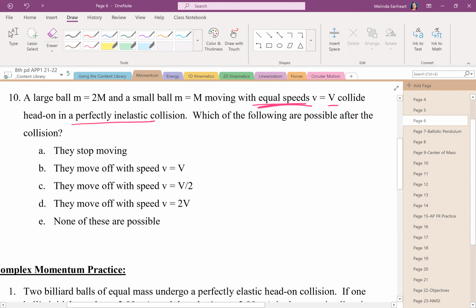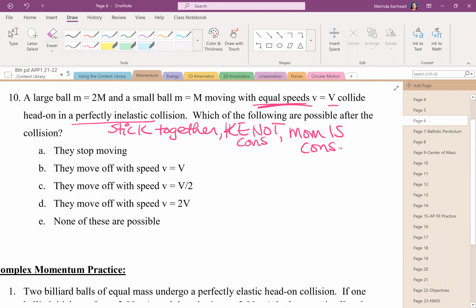Momentum is conserved, unless they start talking about external forces on the system doing impulse on the system, which they don't mention. Most of your collisions, yes, momentum is going to be conserved. Which of the following are possible after the head-on collision?